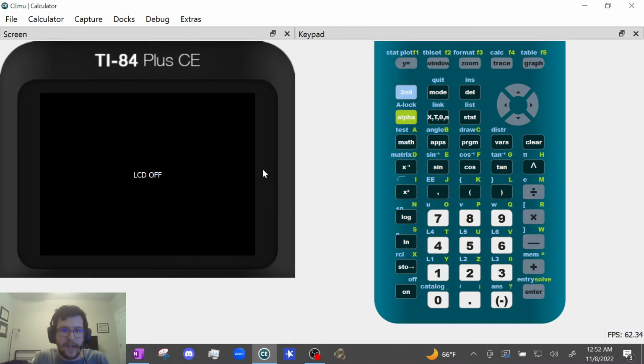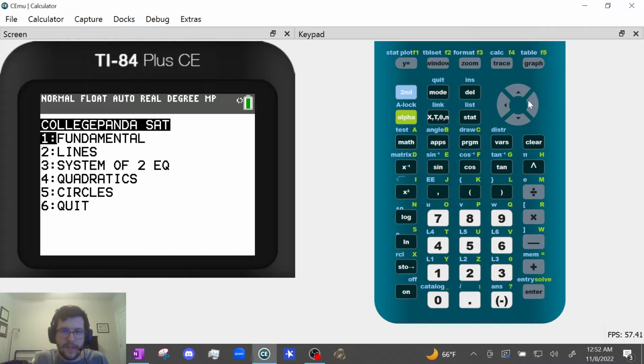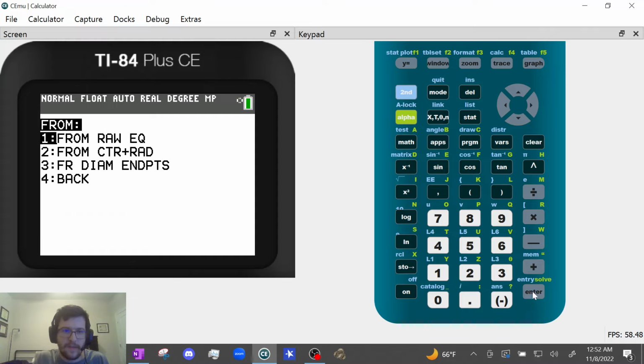So I have the Panda SAT program from College Panda. And I might try to make my own more robust program, but I've been too busy. So go to circles, equation of circle, that's what this is. And then raw equation, that's the one in the problem.